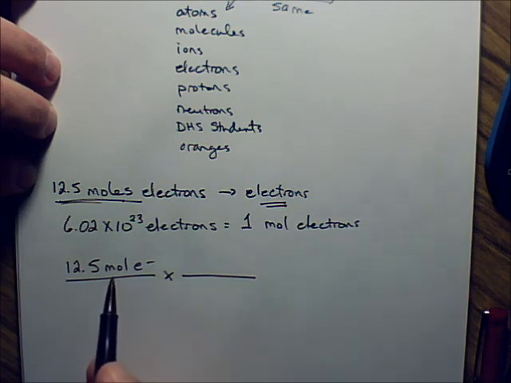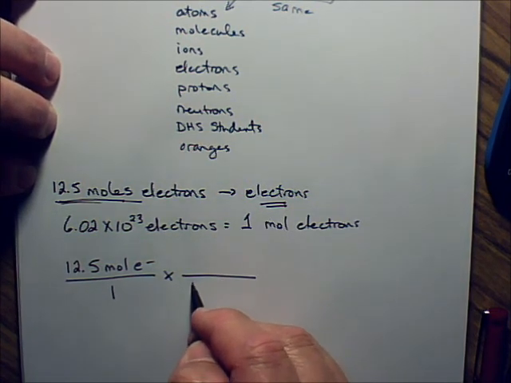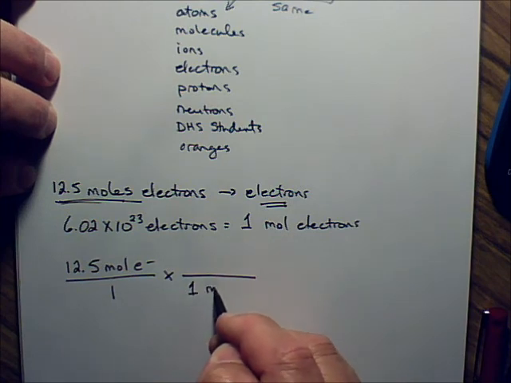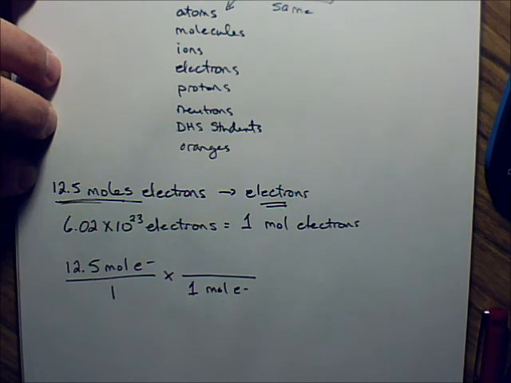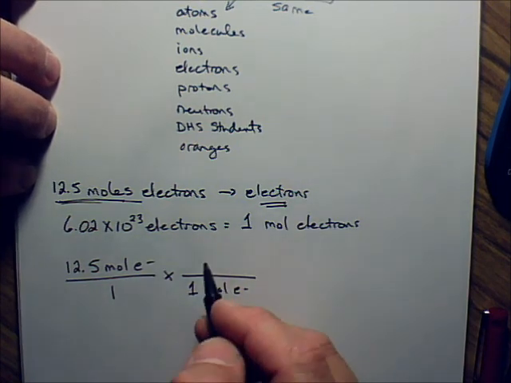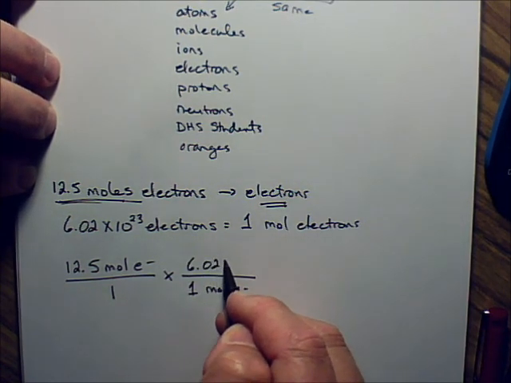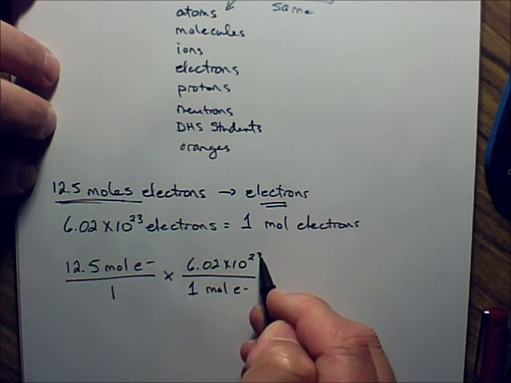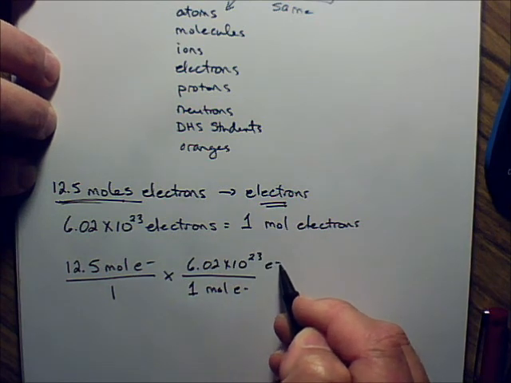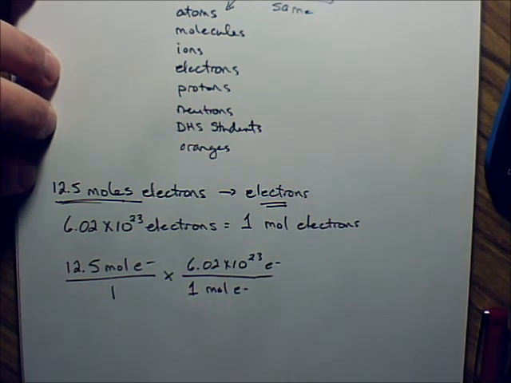Moles of electrons matches moles of electrons. That makes sense? Goes on the bottom. 1 mole of electrons is going to go on the bottom. And the other side of the equality statement goes on the top. 6.02 times 10 to the 23rd electrons goes on the top.